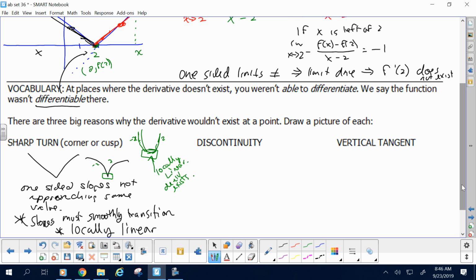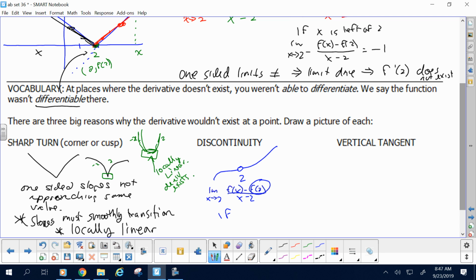At a discontinuity, say like this. Now I can't do the definition of the derivative here. For example, here. How could you do the alternate definition of the derivative there if f of 2 doesn't exist?